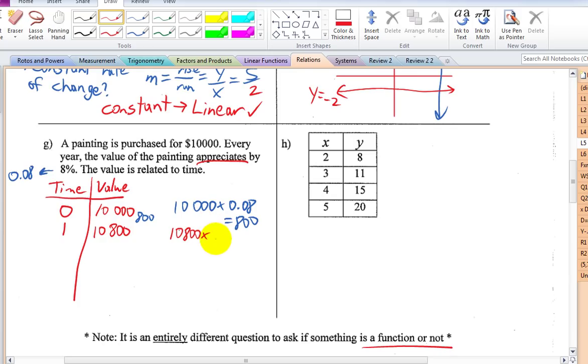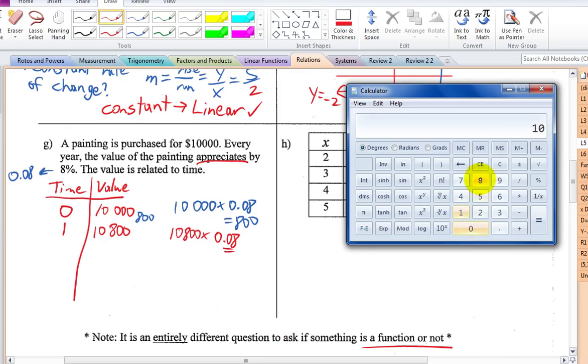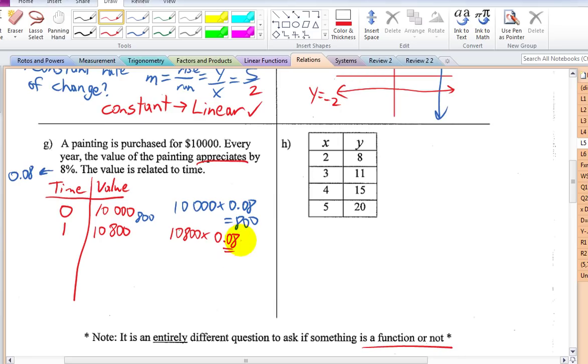So 10,800 times 8%, because now the value is higher, it goes up by 8%, but it goes up by more than 800. So take your calculator, 10,800 times 0.08, 864.